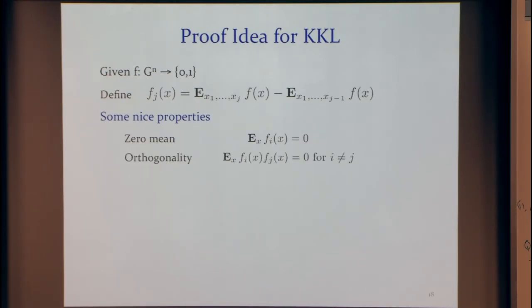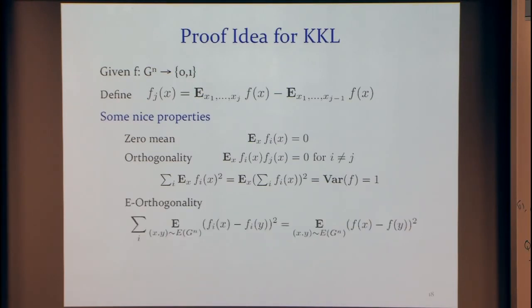Two, importantly, they are orthogonal functions, where you define the inner product space according to the uniform distribution over the hypercube, or the volume biased distribution over the vertices. This in particular implies that if you sum the squared L2 norms of these, you get back the variance of the function, which was 1 for our balanced function.